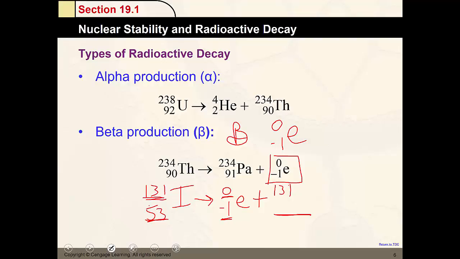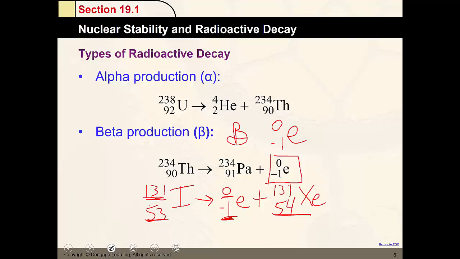And the answer is not 52. Don't treat this -1 as a positive one. So -1 plus 54 equals 53. Now you find 54 on your periodic table. That is xenon, with the symbol Xe. So that is our correct product.